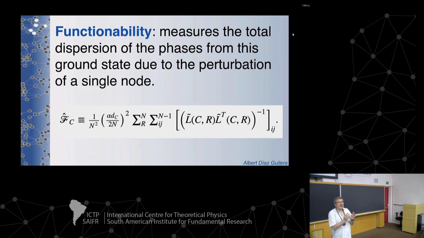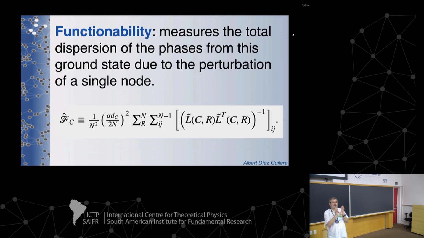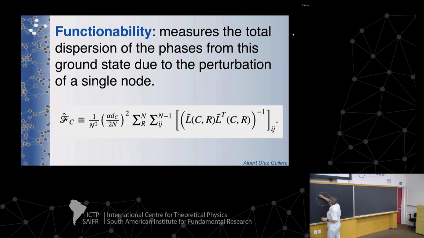Because our idea here, imagine that you are in a system in which you have a pattern, and you have different phases for every single oscillator. So you have all your phases in these values, a kind of wide angle in which you have all the phases.